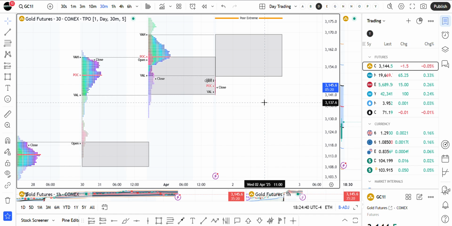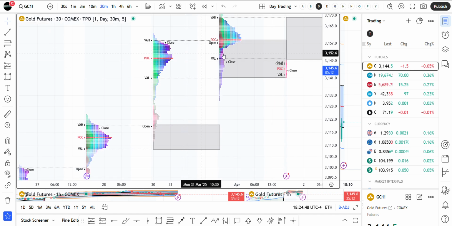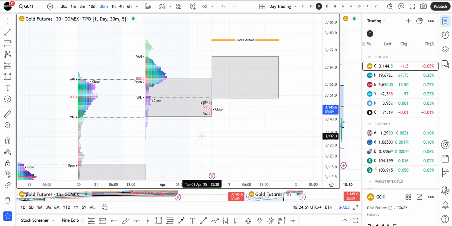What else is important? This and this. Is that overlapping? No, I don't think it's enough of an overlap to merge these two profiles. Yeah, don't think that's enough.